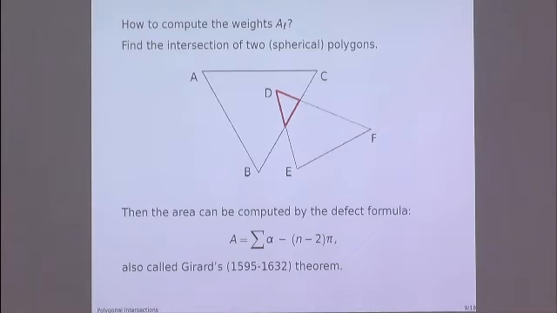I will show you. If you can compute this intersection, then the area is easy to find, because you can find it by this beautiful formula of spherical geometry that expresses the area of a polygon from the sum of its angles. This holds on the sphere. It's also called Girard's theorem.